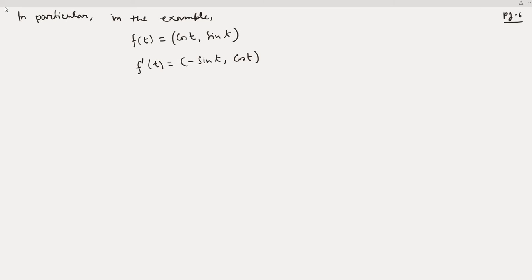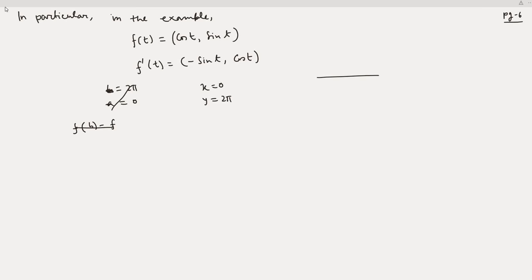We have considered b equal to 2 pi and a equal to 0, but let us use a different symbol: x equal to 0, y equal to 2 pi.